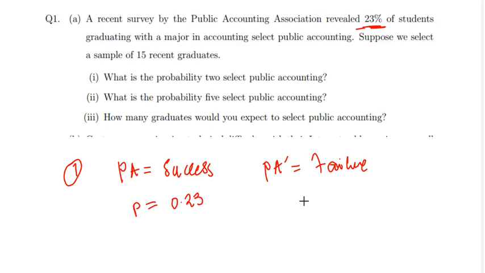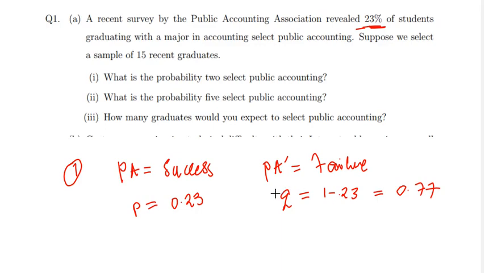And then the probability of failure, when it doesn't work out, let's label it as Q, and that will be 1 minus 0.23, which gives me 0.77. That is the probability of failure. So you've got the probability of success and the probability of failure.